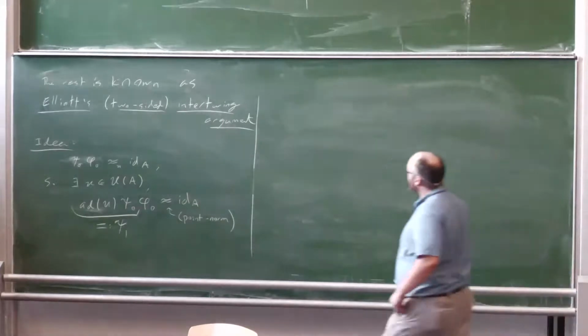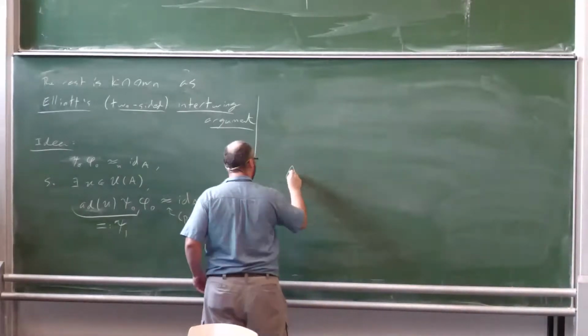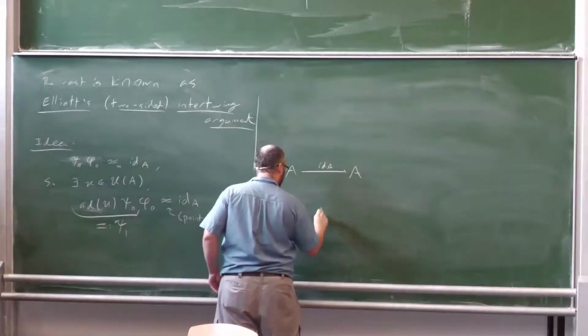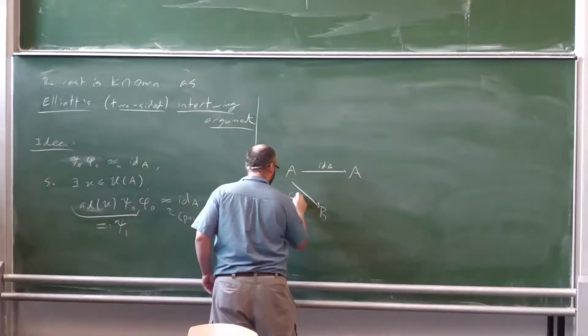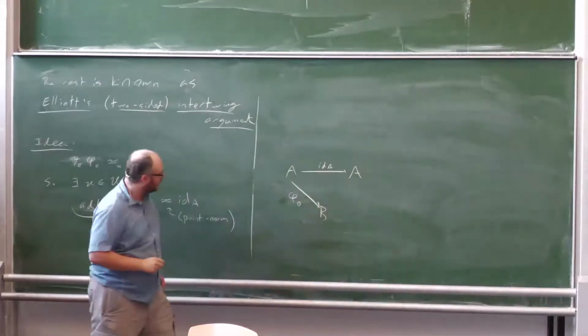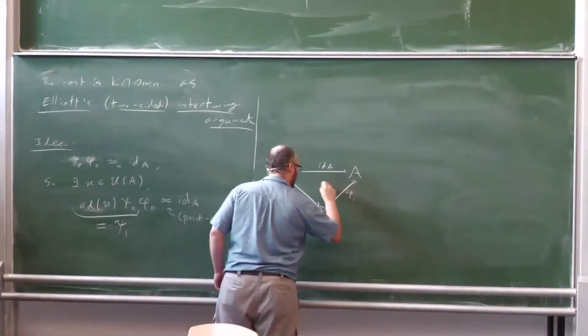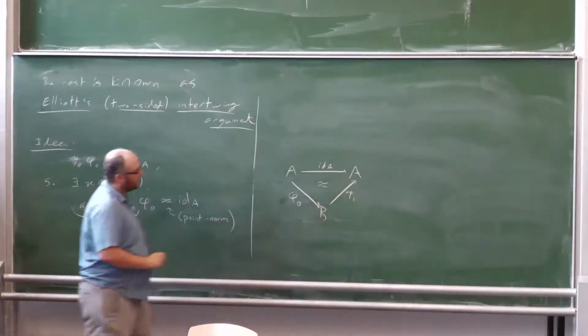So what you have now is you have your phi naught from A to B. The psi naught went backwards. I conjugated it at least to be close to an inverse or left inverse of phi naught.